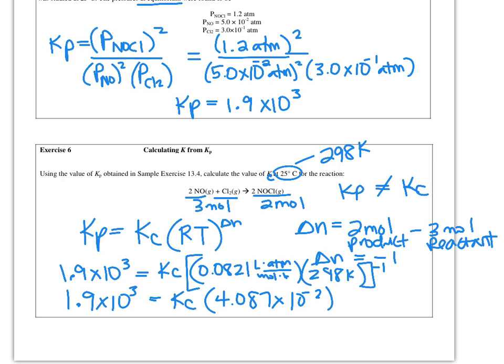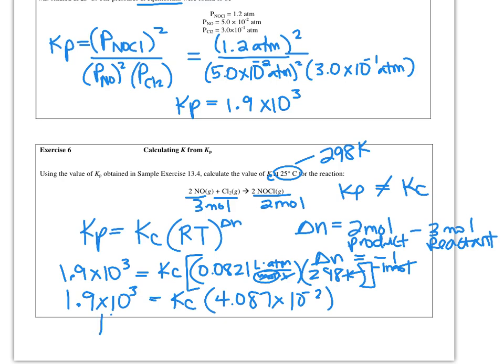All right, so if we were paying attention to the units, this is moles. So Kelvin cancels, and then atm is the pressure, whatever unit. So it's liters times atm is really what we're going to get. I guess moles technically doesn't cancel, the atm cancel. Okay, but we don't really worry as much about canceling the units. It's a little more complicated than that. So then I'm going to take my 1.9 times 10 to the third, and I'm going to divide it by that value.